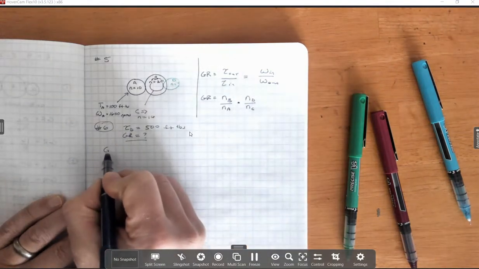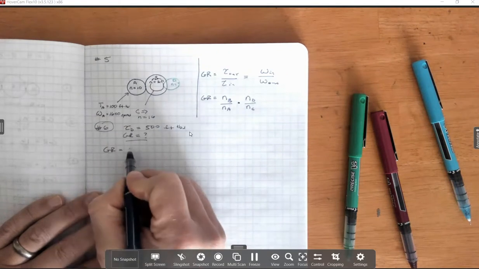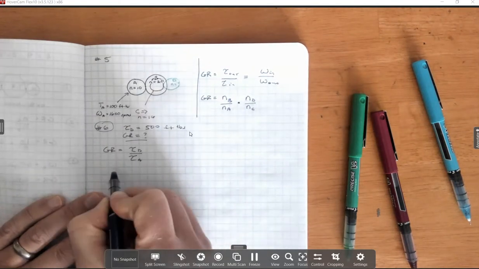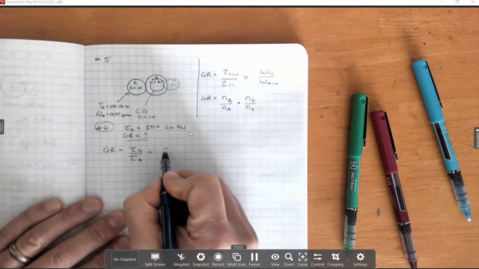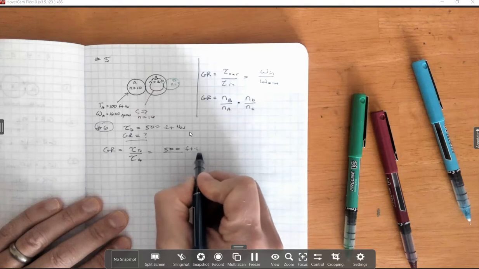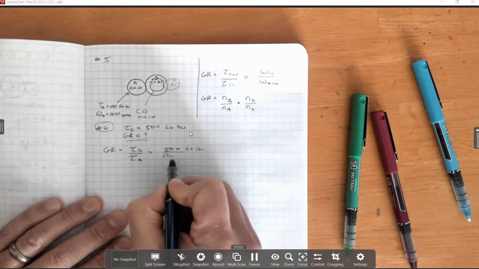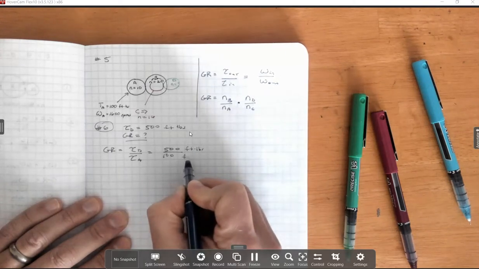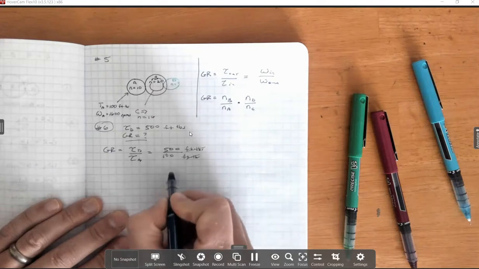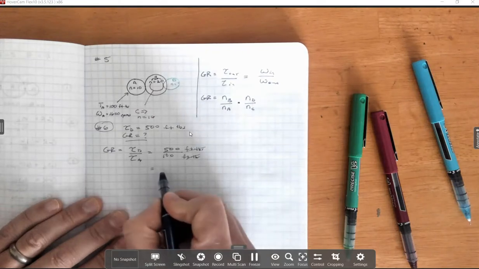So we're going to say that gear ratio is equal to the output torque over the input torque. The output torque is 500 foot-pounds. The input torque was a constant 100 for this set of problems. The units cancel out, just so you know, with gear ratio, and we're left with a ratio of 5 to 1.